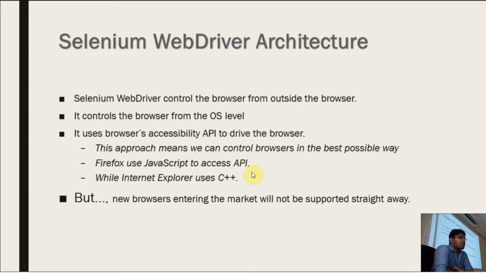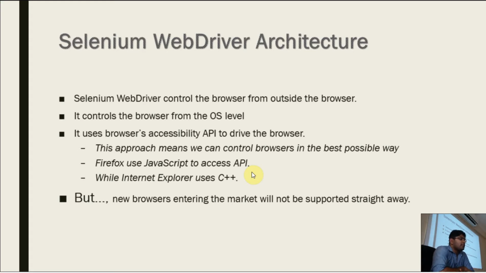Selenium WebDriver controls the browser from outside of the browser. The previous one controlled the browser from the inside, so we were injecting JavaScript and using the JavaScript to control the browser. But Selenium WebDriver controls the browser from the outside. All the browsers have some API implemented, so using those browser APIs, it controls the browser.